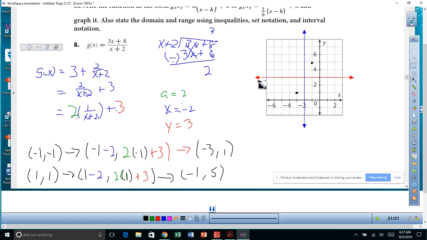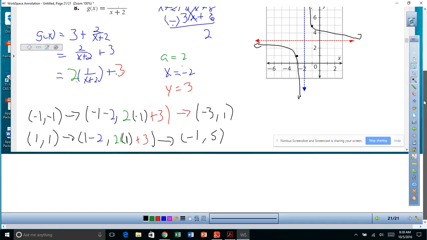So we've got, and then we've got, and then we've got to state the domain, and it wants to do it in all 3 ways. So we've got the domain and range.